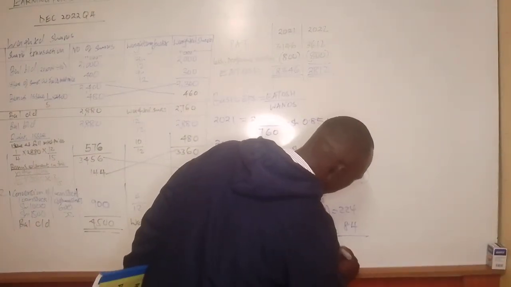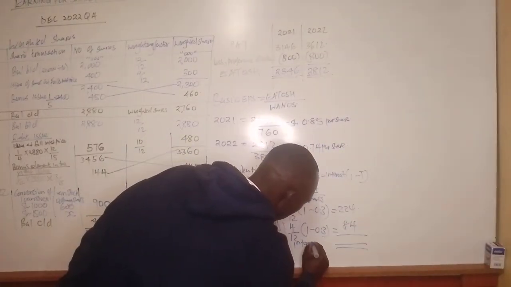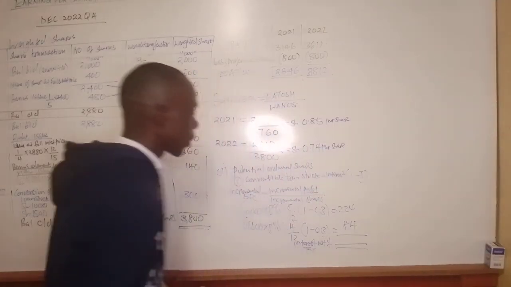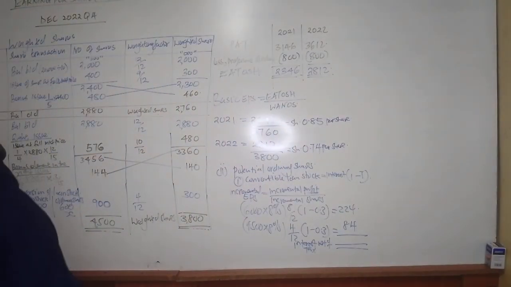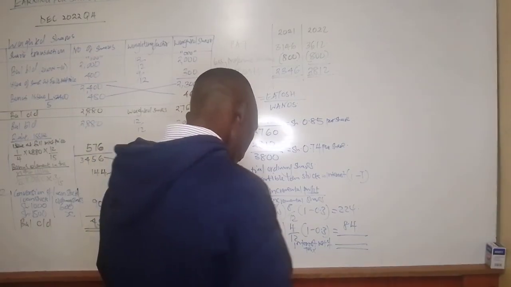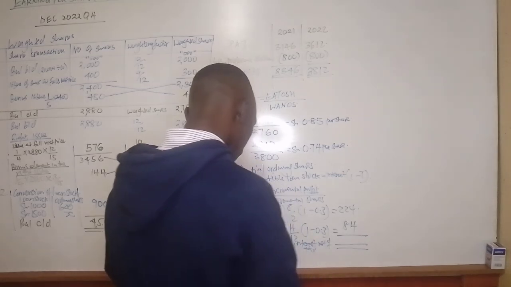So therefore, let us get the total interest. So this is the interest net of tax, or what we call the profit. Let us get the total. So our total will be 224 plus 84.